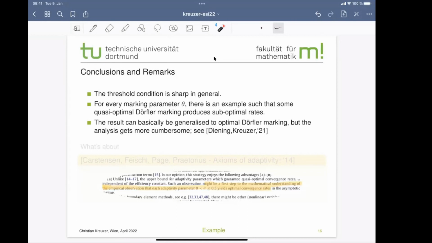For every marking parameter, you can construct an example such that some quasi-optimal Dörfler marking produces suboptimal rates. And the result can basically be generalized to optimal Dörfler marking, so you really take a minimal Dörfler marking set, but then the analysis is getting more cumbersome. But if you're interested, you can, of course, visit our paper on that.